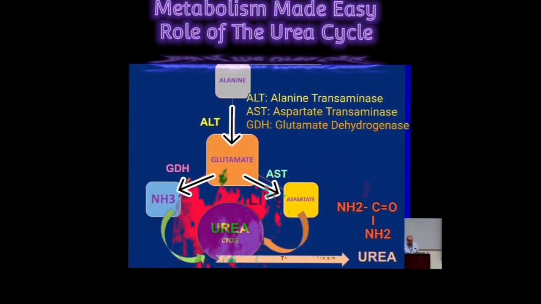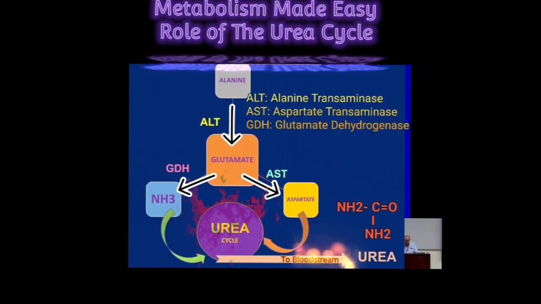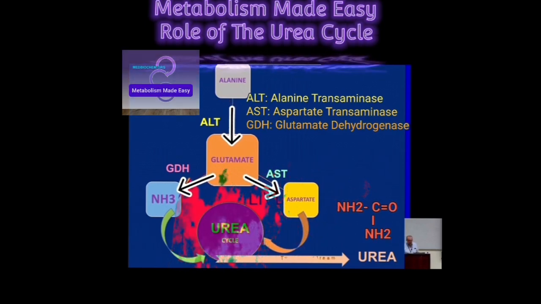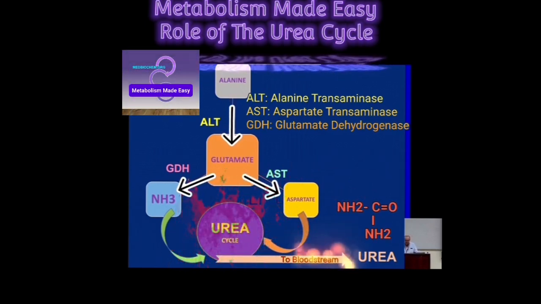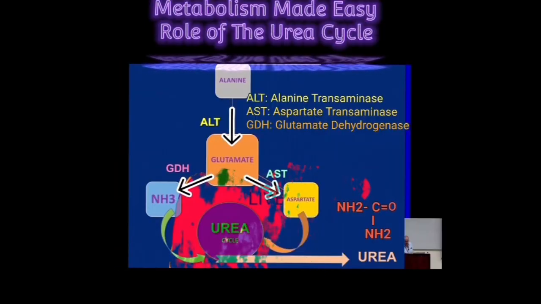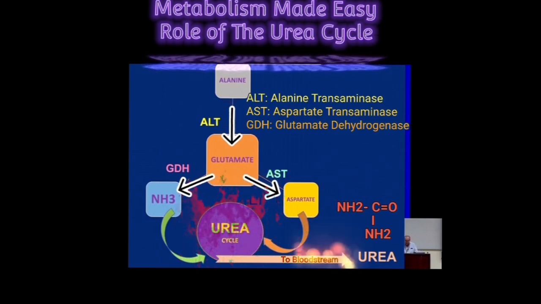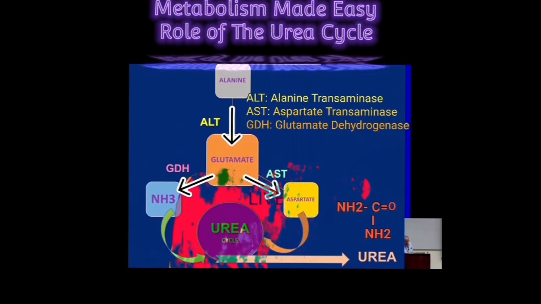In summary, nitrogen disposal from amino acids and other nitrogen-containing molecules involves the sequential activity of transaminases and glutamate dehydrogenase, with glutamate playing a key role as a collector of nitrogen from multiple sources.